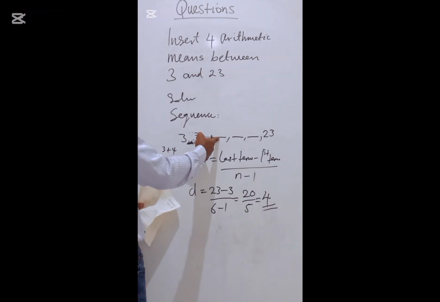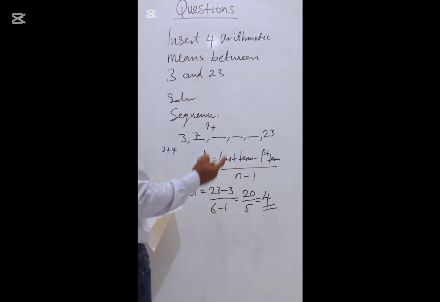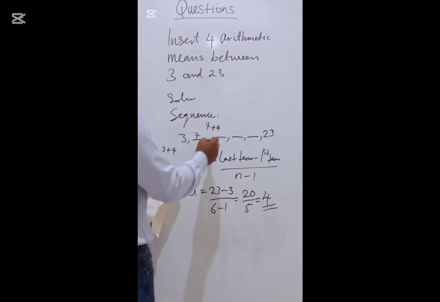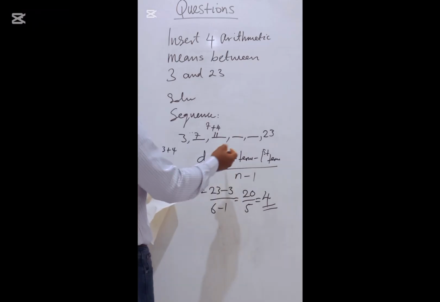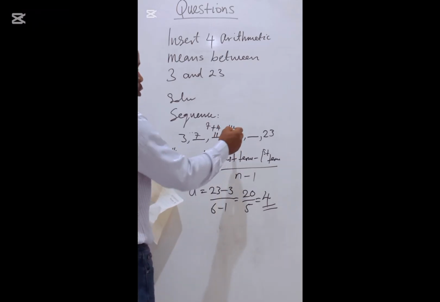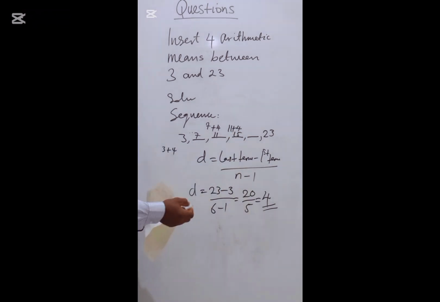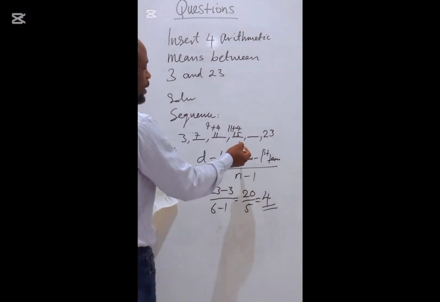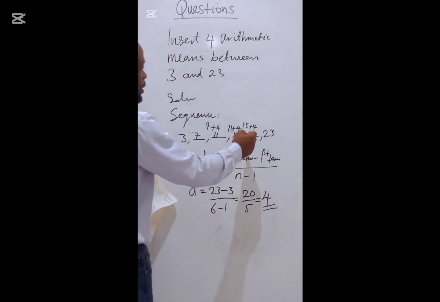The third term in the list is the second term, 7, plus the common difference, which is 4. The third term is going to be 11. The fourth term in the list is 11 plus the common difference, and the value is 15. The fifth term in the list is 15 plus the common difference, which is 19.